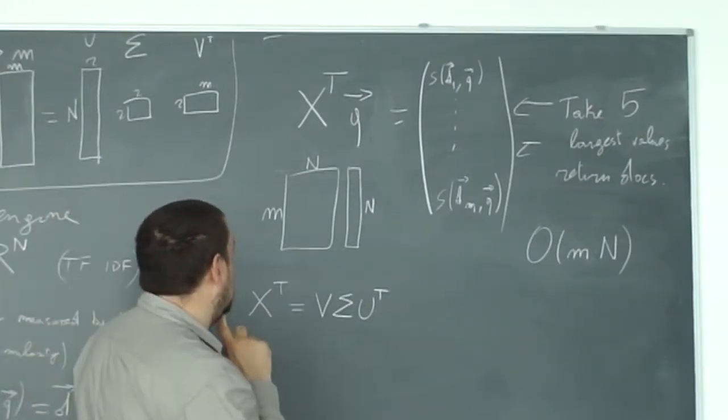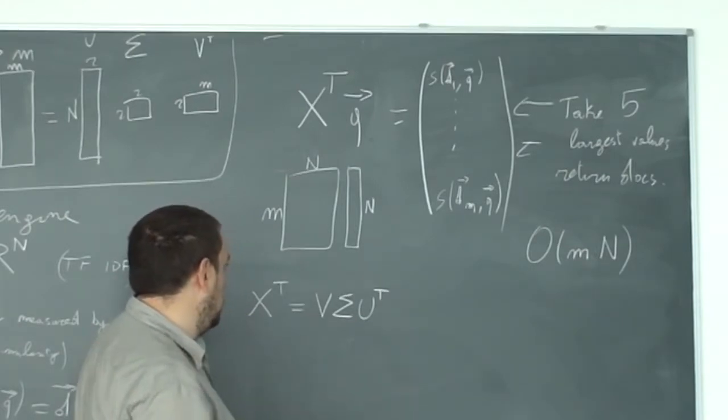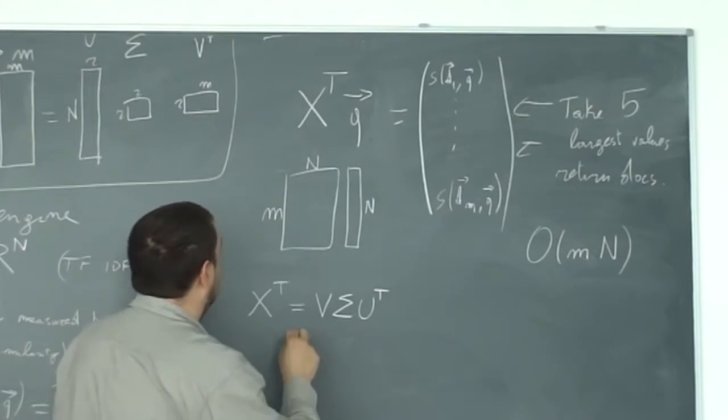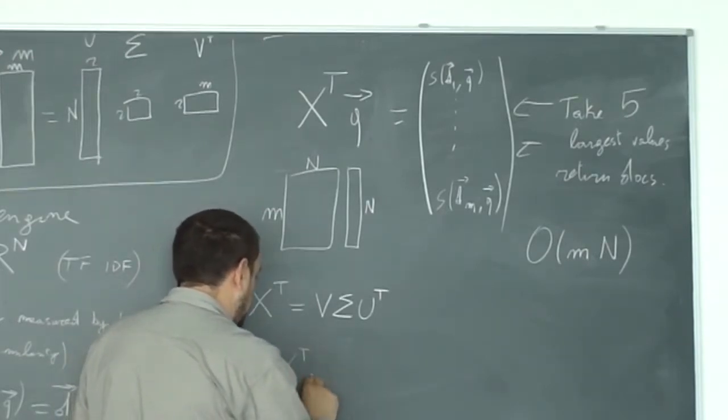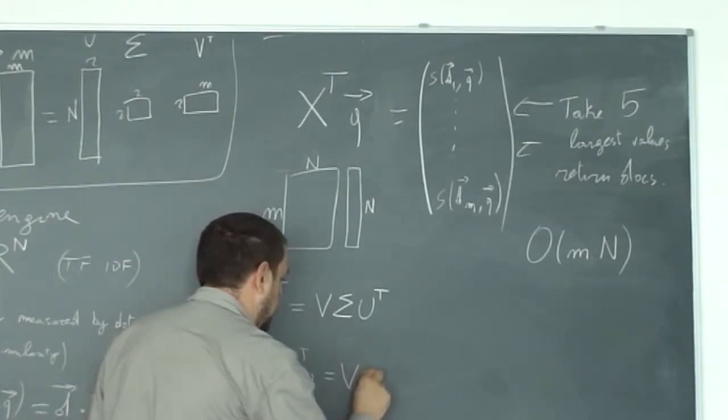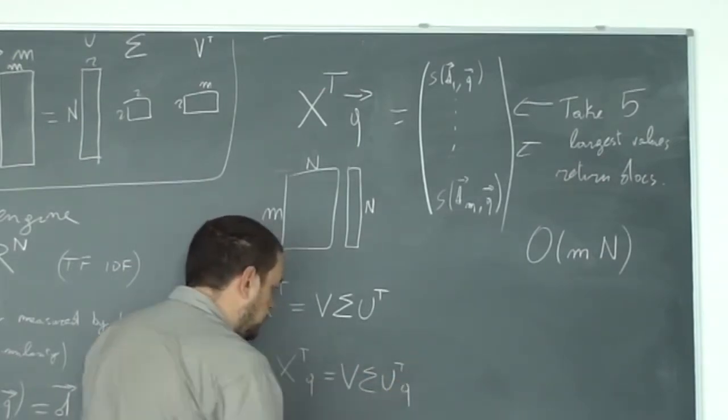And so actually we can write X transpose Q as V sigma U transpose Q.